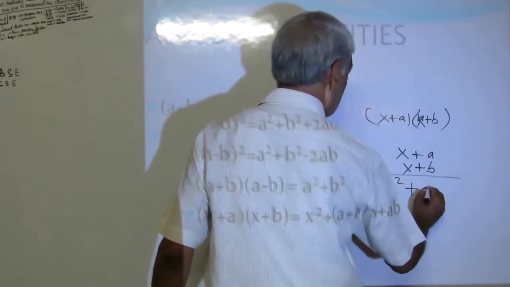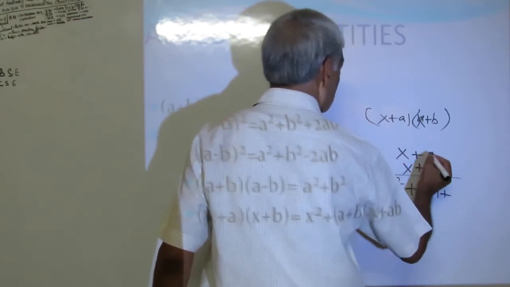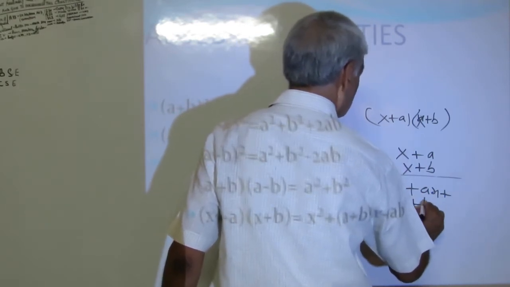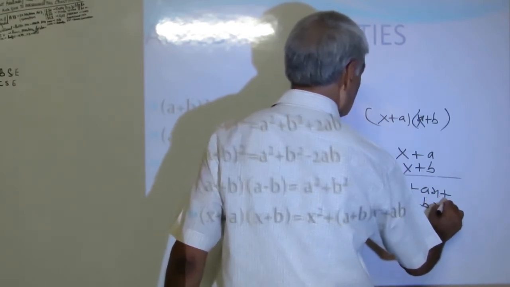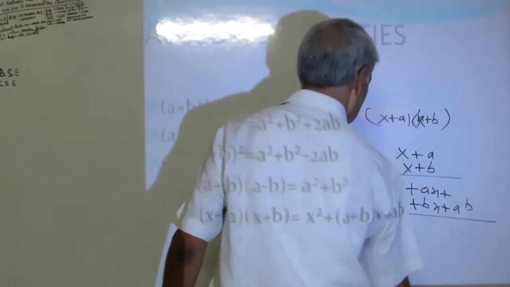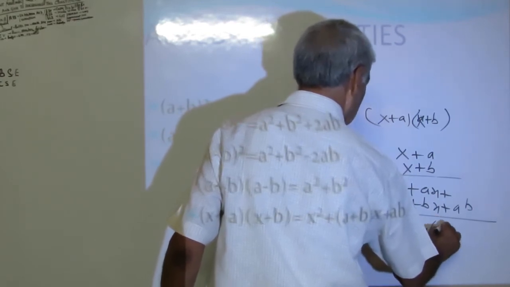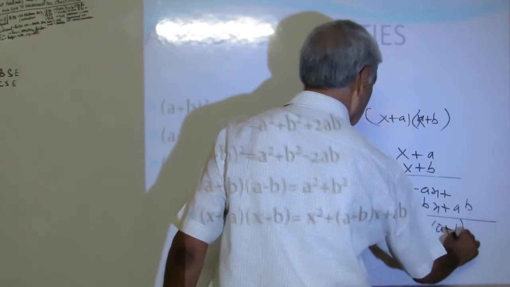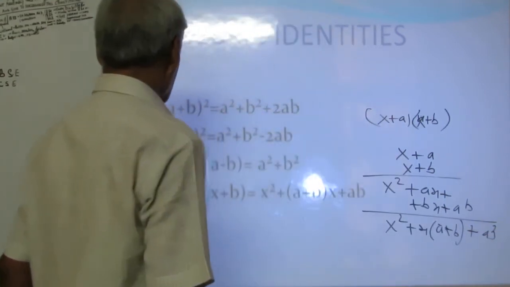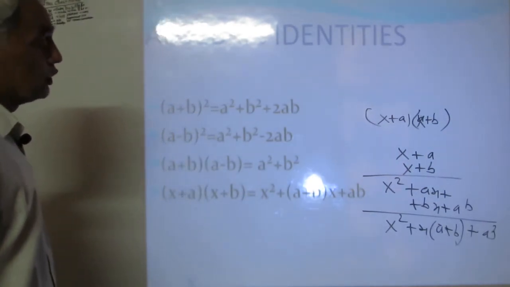X multiplied by b is bx, a multiplied by x is ax, and a multiplied by b is plus ab. So you add the like terms: it is x square plus x into (a plus b) plus ab. So (x plus a)(x plus b) is equal to x square plus (a plus b) into x plus ab.